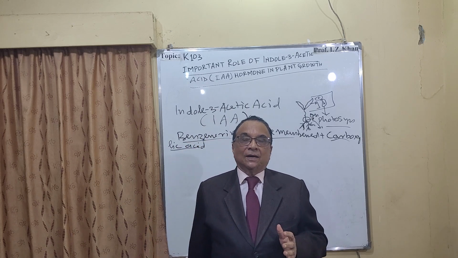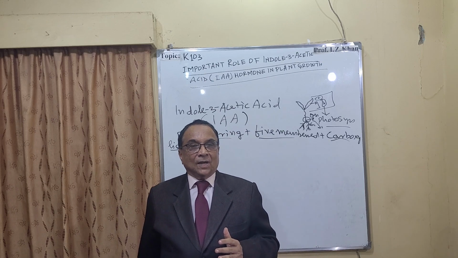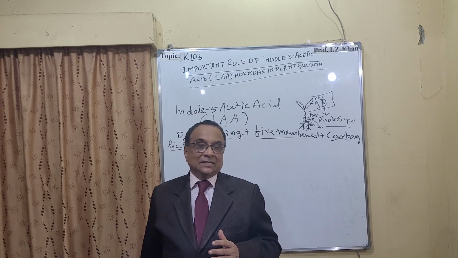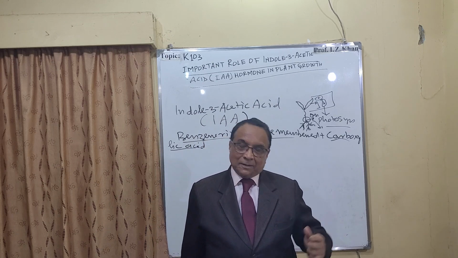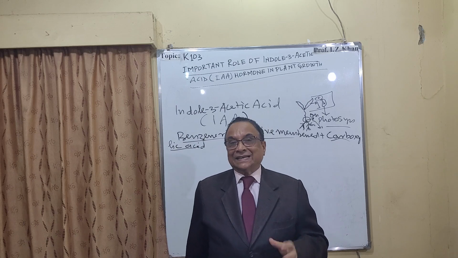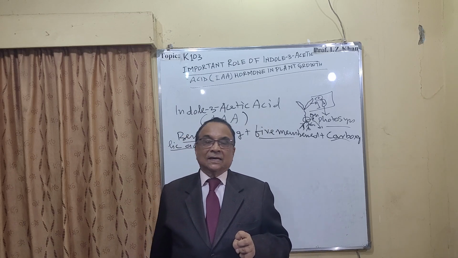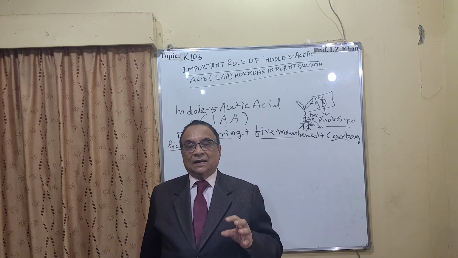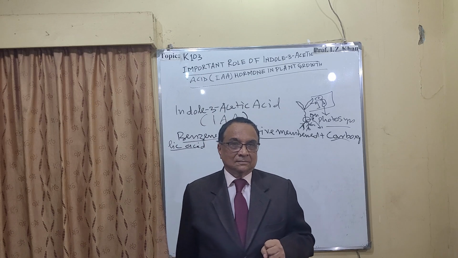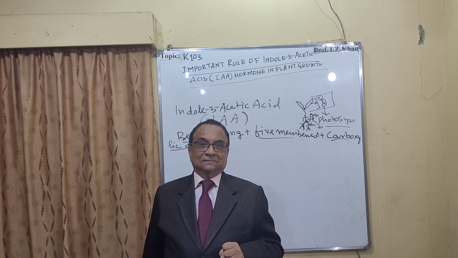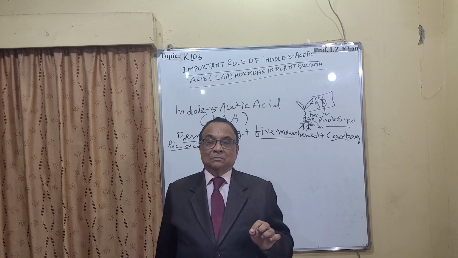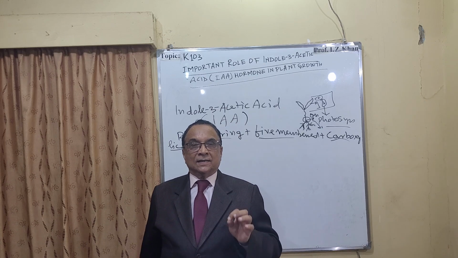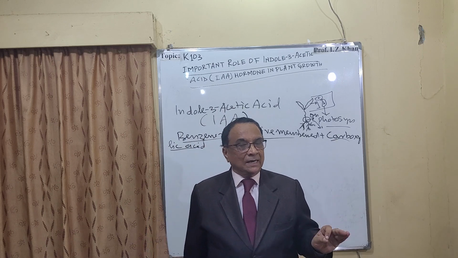So in the case of this IAA hormone, that is indole 3 acetic acid, it is given at 10 ppm concentration. 10 ppm concentration means that if you dissolve 10 gram of IAA powder in 200 liter of water, it will be 10 ppm.